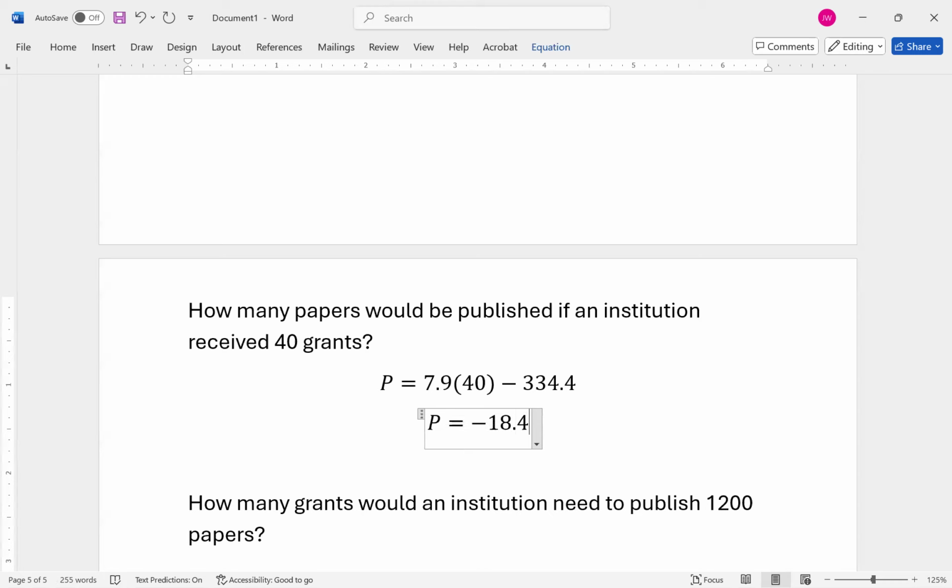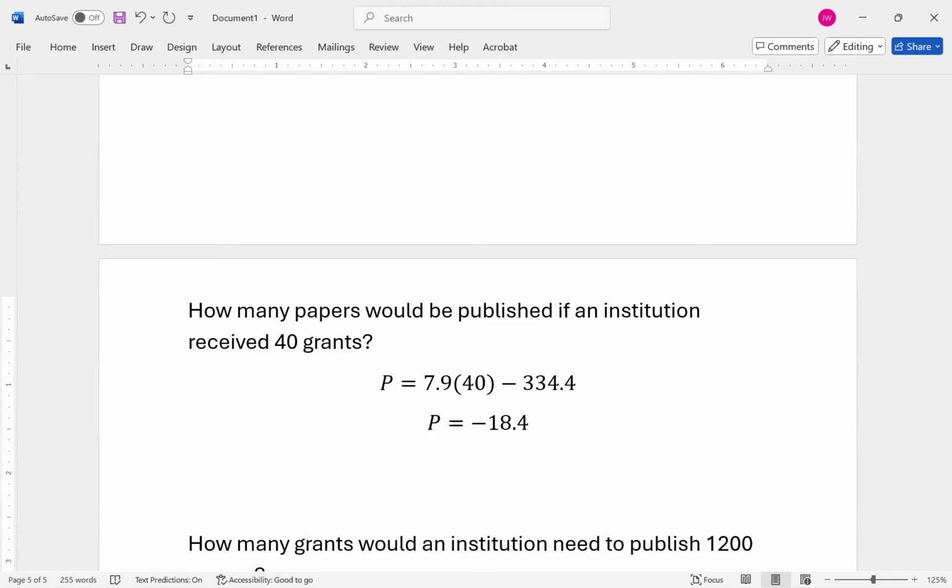By the way, that should not make a whole lot of logical sense. And that sometimes can happen. So this is a demonstration of where the mathematical modeling gave me a scenario which doesn't make logical sense. You can't publish a negative number of papers. But that's perfectly all right. Sometimes the mathematical modeling does that. It gives you something that doesn't make a whole lot of sense.